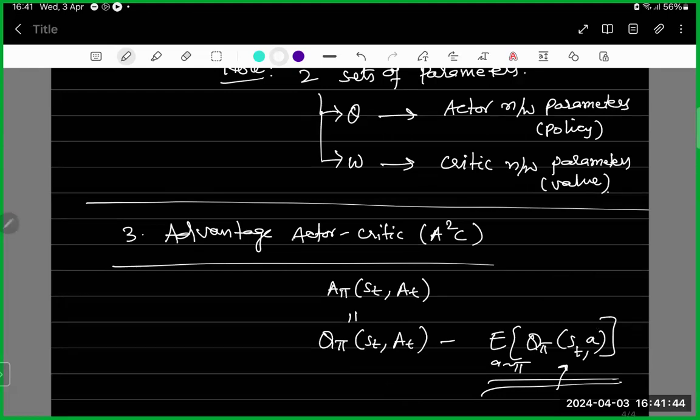So that's why this is a baseline, and that's why we can use it, because adding this term will not change your gradient, as we have discussed before. Correct? This is like the baseline b which you can have, and it will not change the gradient because it's not a function of A_T.